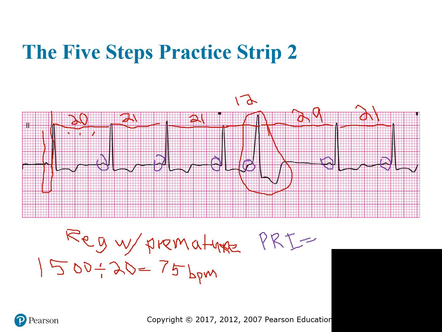So we have 1, 2, 3 little blocks. So we're going to go 3 times 0.04, which equals 0.12 seconds.